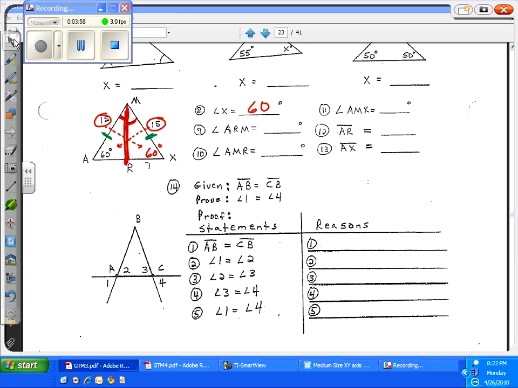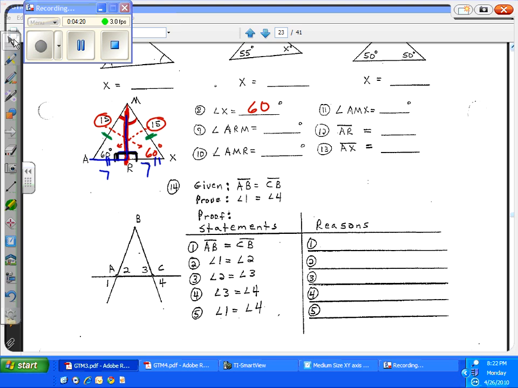The bisector of the vertex angle of an isosceles triangle is perpendicular, meaning that that's 90. We did it in black in the lesson. Perpendicular to the base at its midpoint, which means that this is equal to that. So if this is 7, then it's 7 over here.